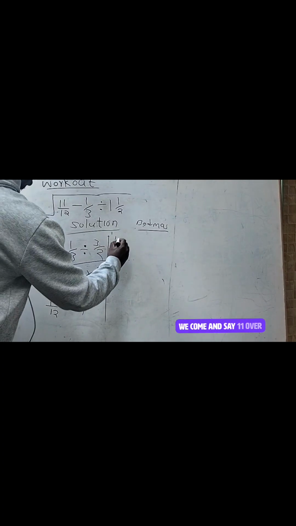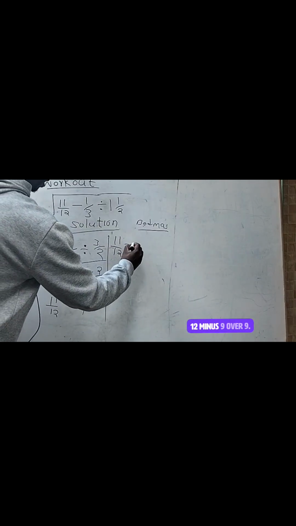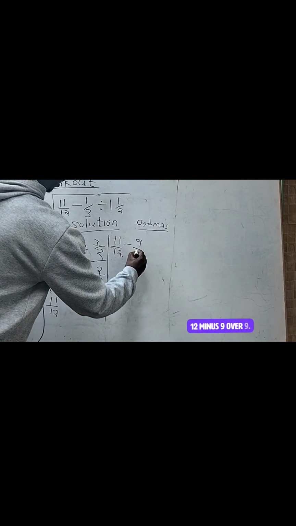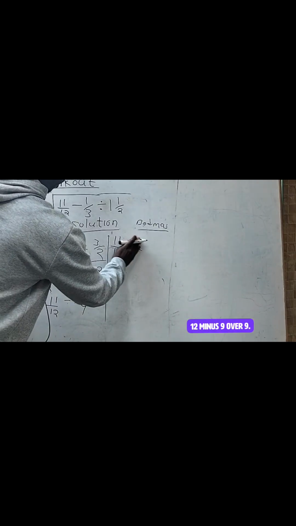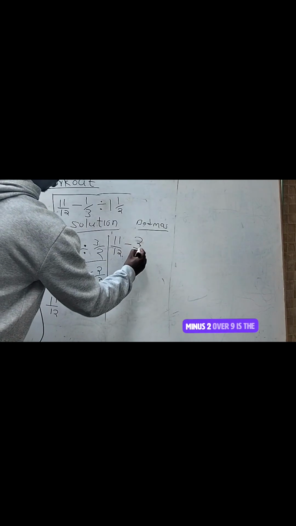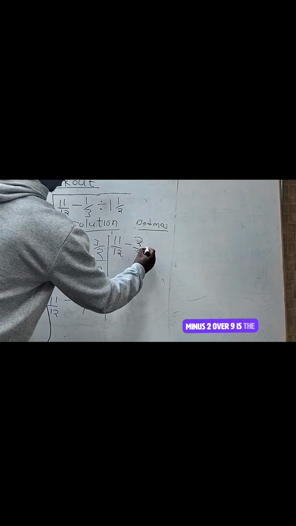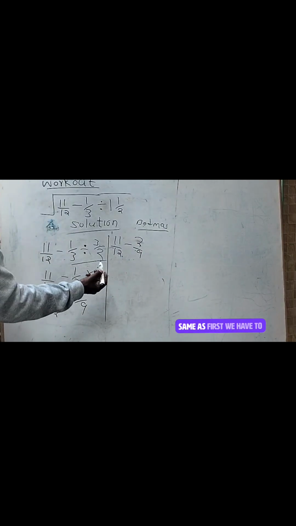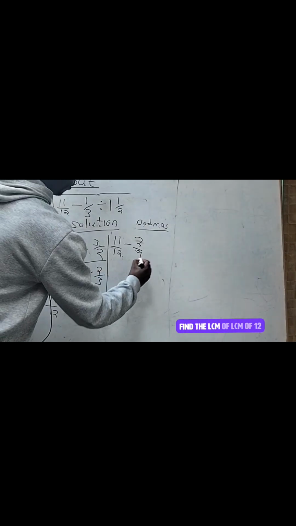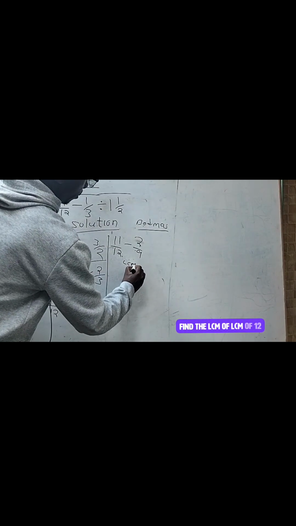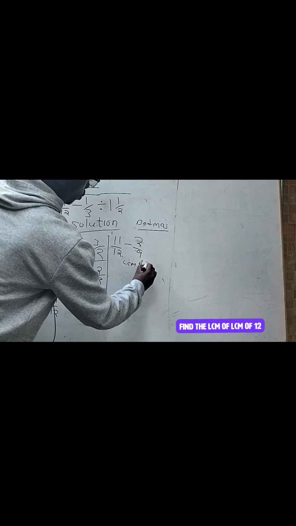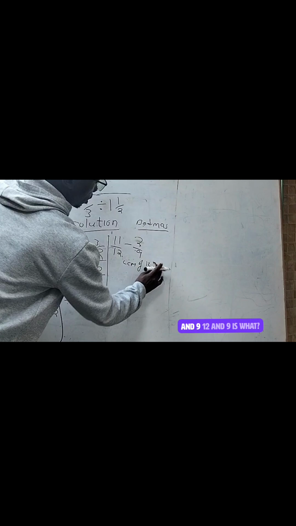We come and say 11 over 12 minus 2 over 9 is the same as, first we have to find the LCM of 12 and 9.